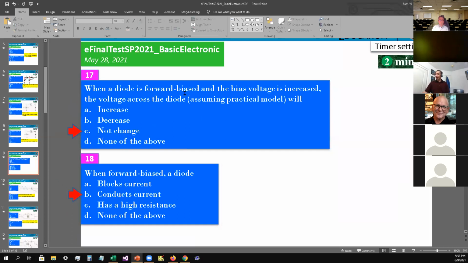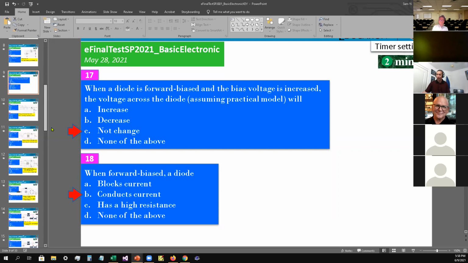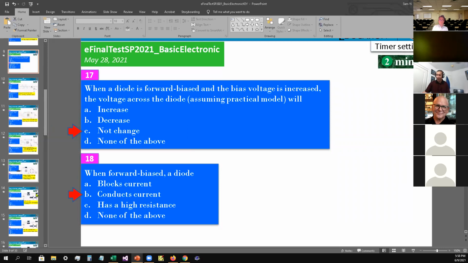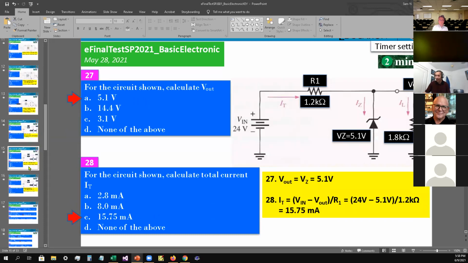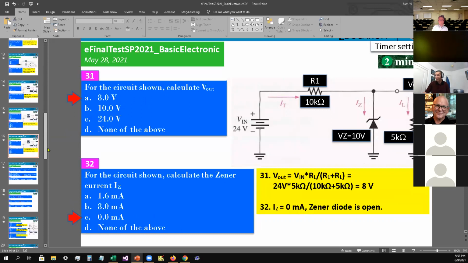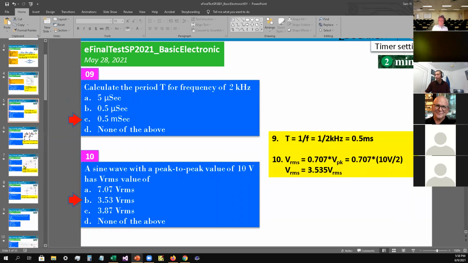17: when a diode is forward biased and the bias voltage is increased, the voltage across the diode, assuming... Let me see if we have a picture of a transistor here somewhere. I don't think I have any picture on here. That's just saying that no matter what the input voltage is, the forward voltage drop across the diode will always be 0.7.